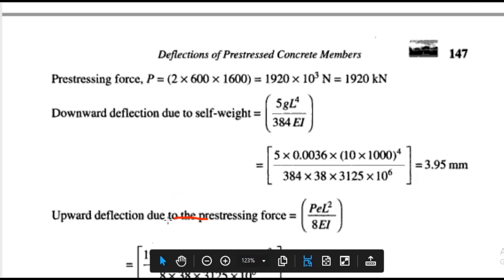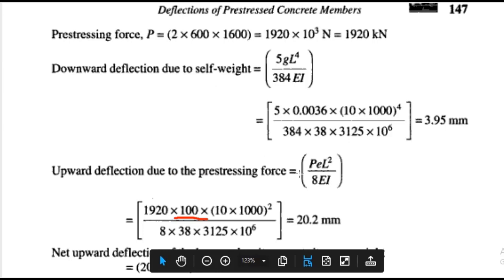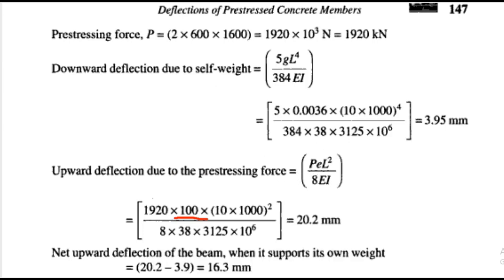Next, we have to calculate the upward deflection due to the pre-stressing force. Suppose this is your rectangular concrete beam. If you apply stretching to the concrete beam, and after stretching, you release the anchorage or tendons on both sides, it generates the pre-stressing force in the beam.